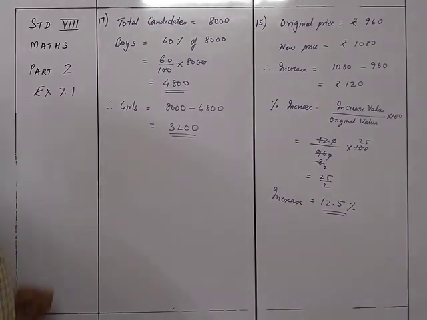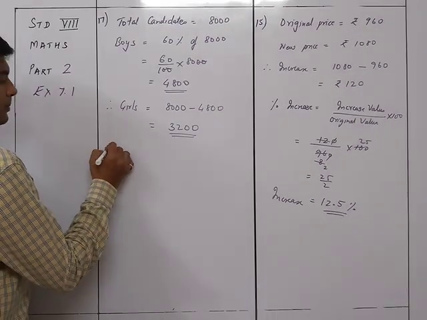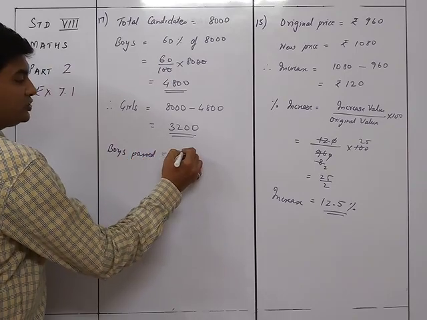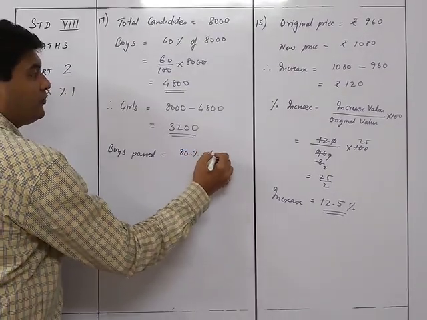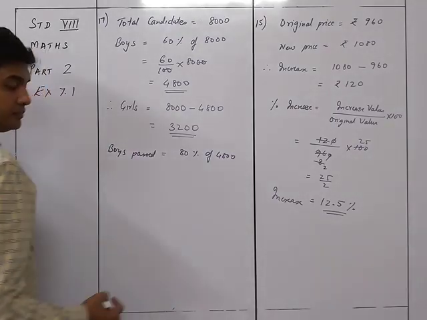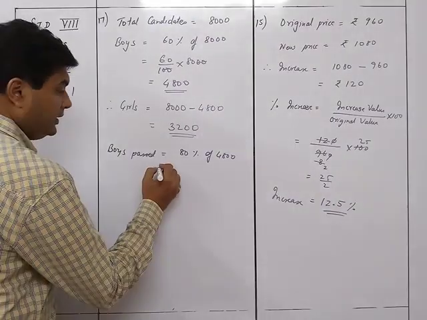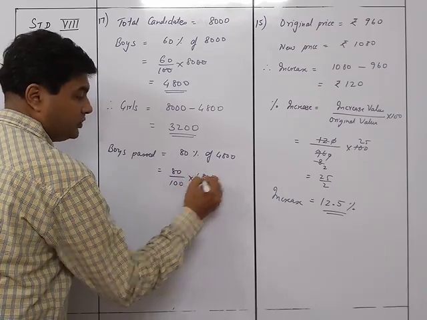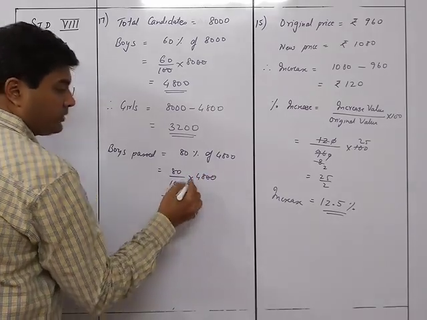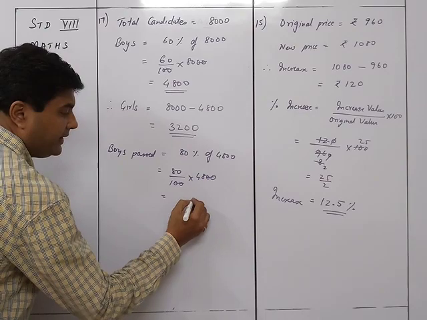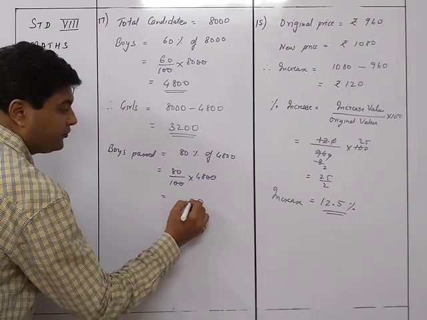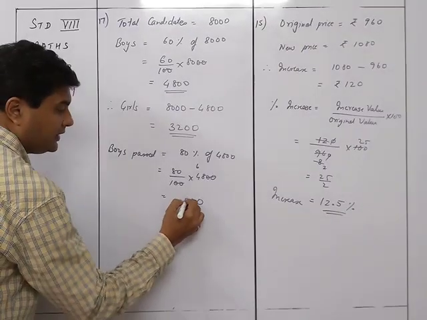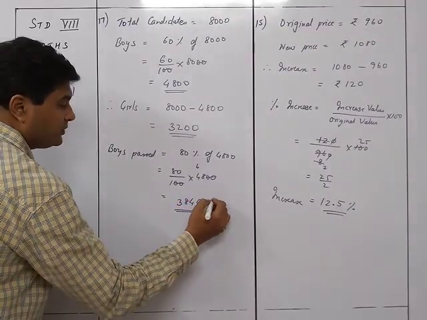Okay, so we'll do one thing. Boys passed is equal to 80% of 4,800, which is 80 upon 100 into 4,800. 8 8s are 64, 8 4s are 32 plus 6, 38. So these many boys passed.